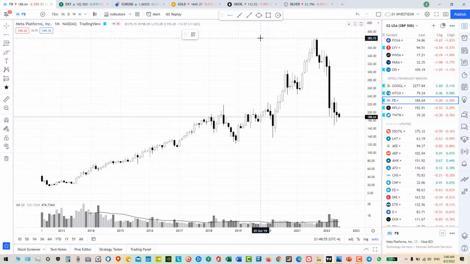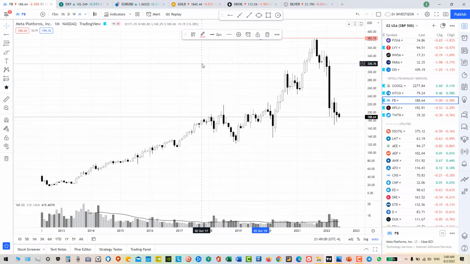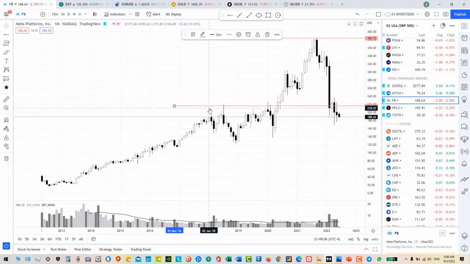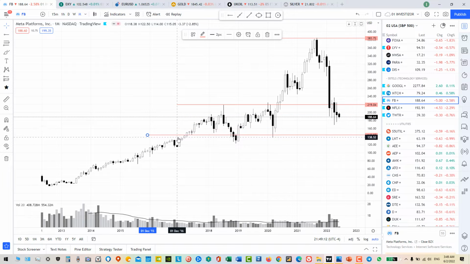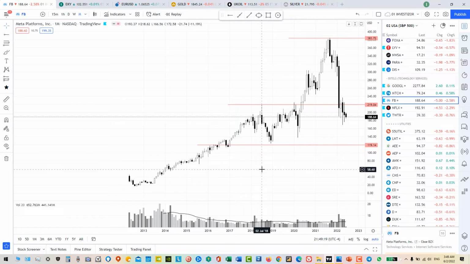First of all, we do have a monthly resistance at around 383. Then we do have another key resistance at around 219, and finally a very important support around the range of 120.